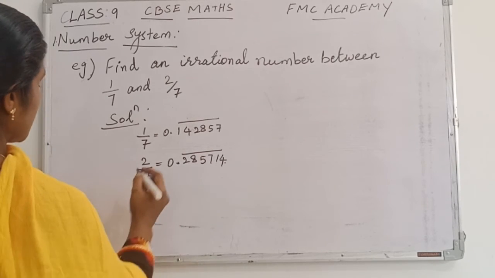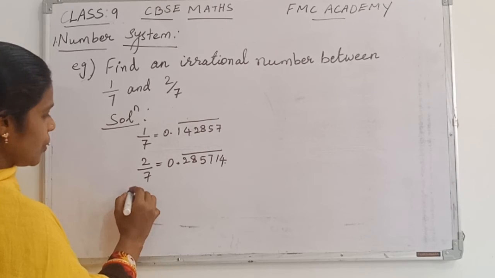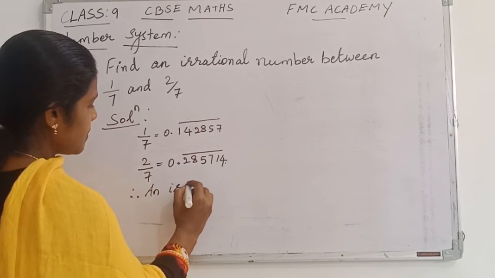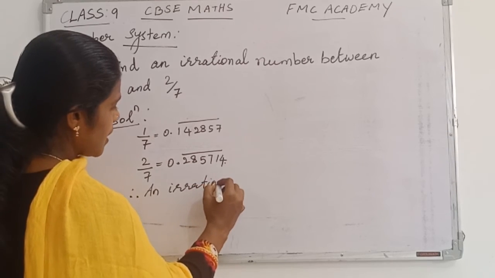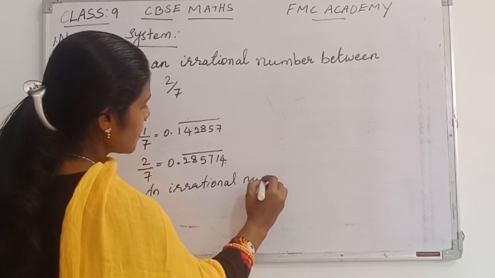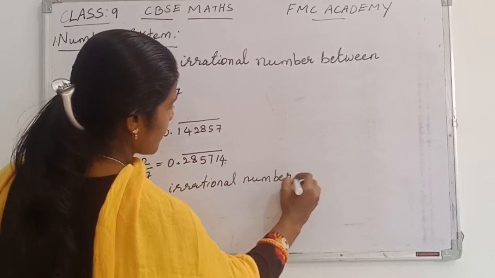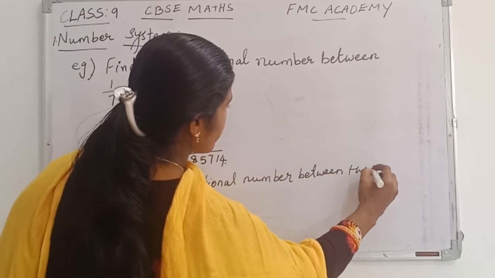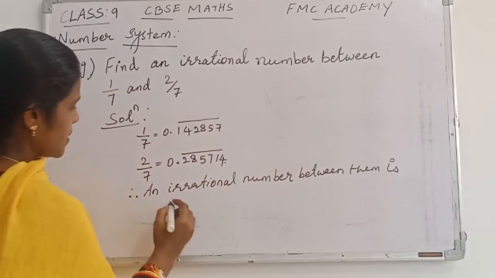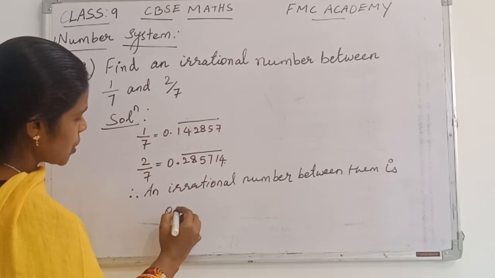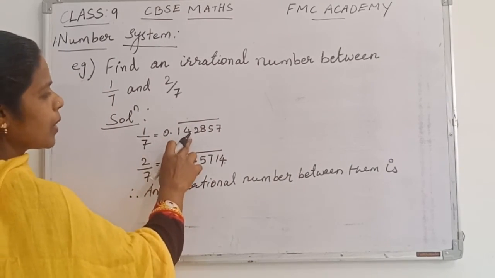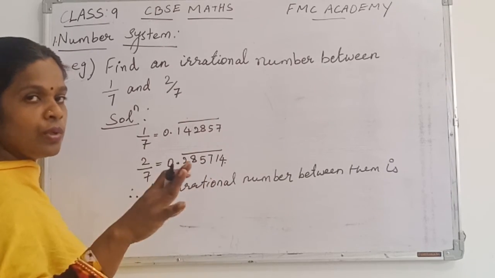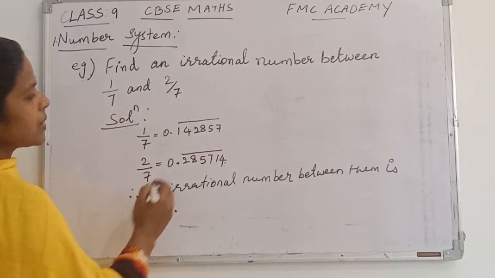Therefore, an irrational number between them is 0.0... It should be after 14 and before 28. So it can be anything. There is no rule, no restriction. Just as you like, you can write.